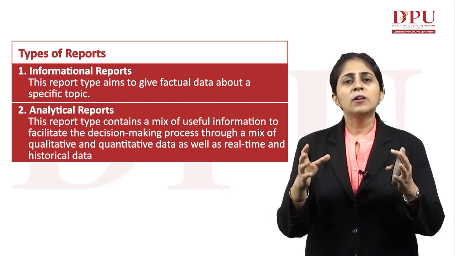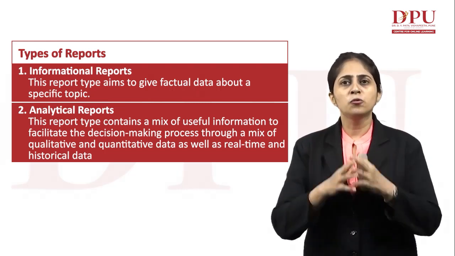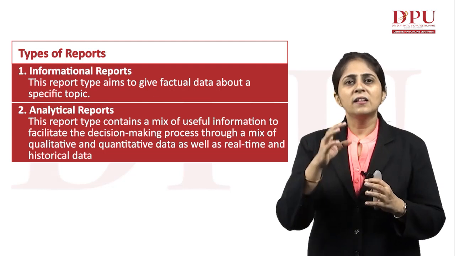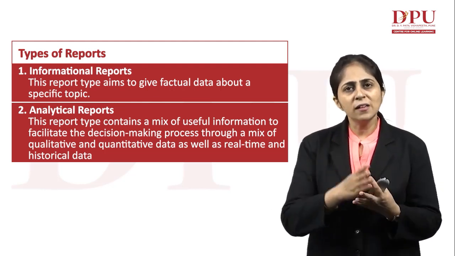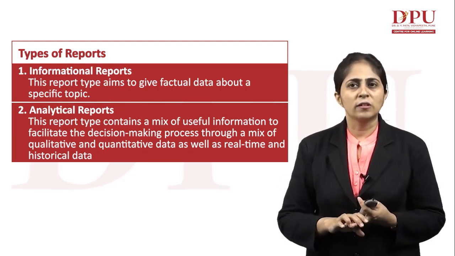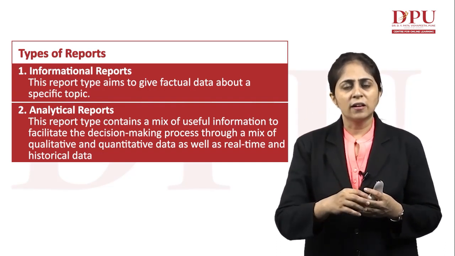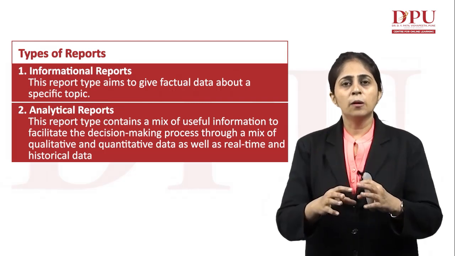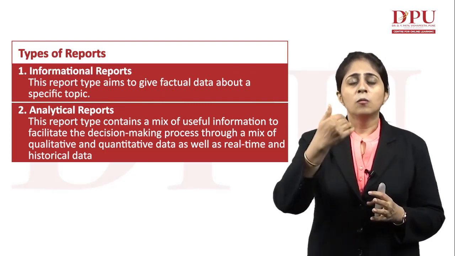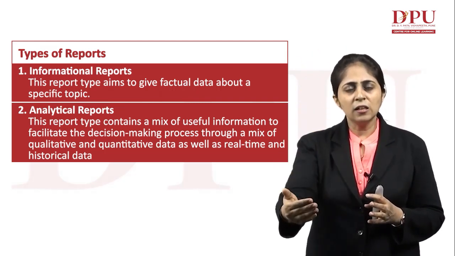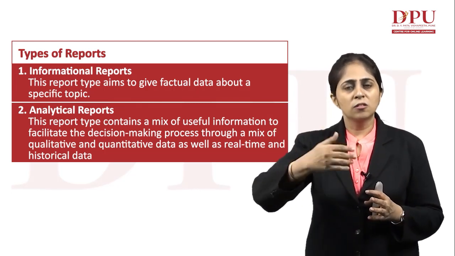So when we have a report which contains a mix of useful information to facilitate the decision making process through the mix of qualitative and quantitative data, as well as real time and historical data. That means we are talking about that particular product. What is the history? Like, what was the sale of this product in the past 2 years?